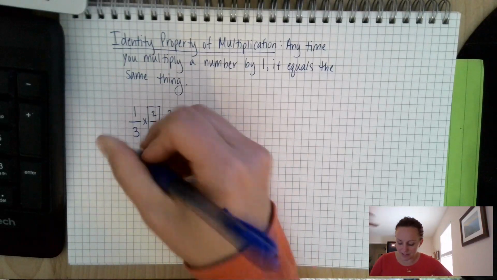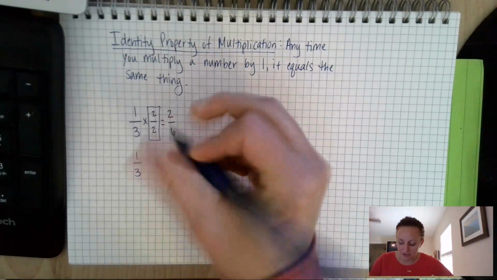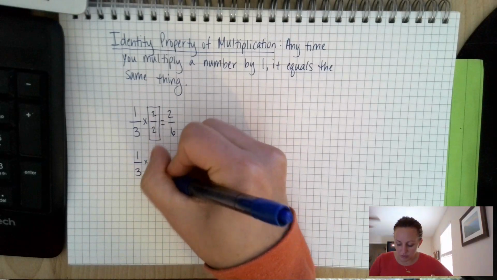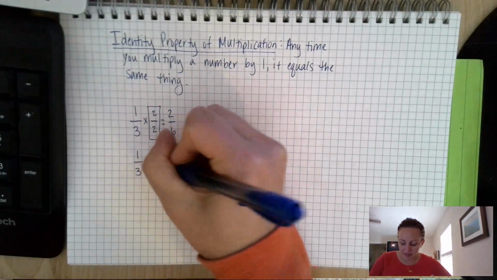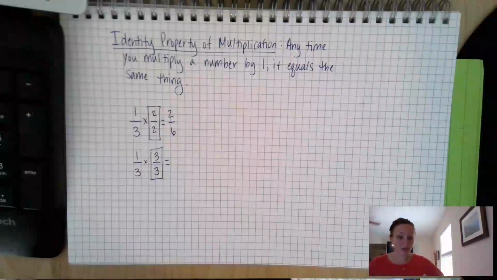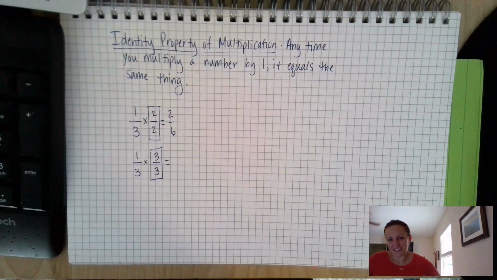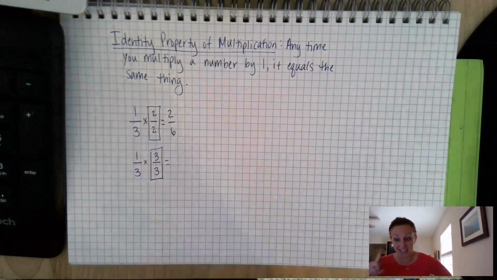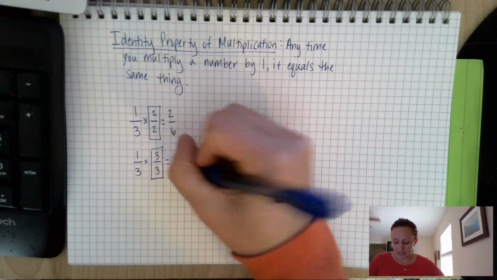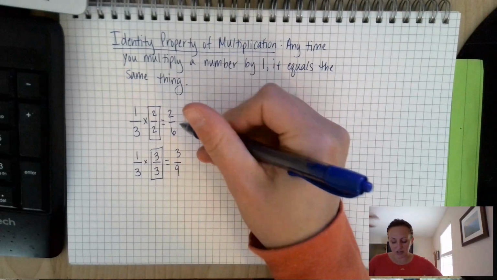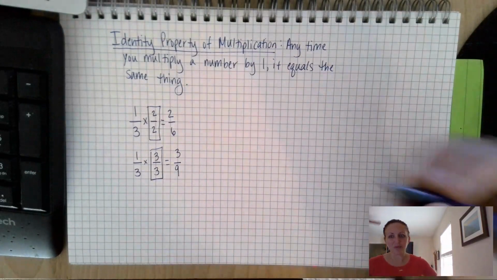Let's try to find another fraction that's equivalent to 1/3. This time I'm going to pick 3 over 3. As long as the numerator and denominator are the same, that fraction equals 1. So 1 times 3 is 3. 3 times 3 is 9. 3 ninths. This is what we were just looking at.